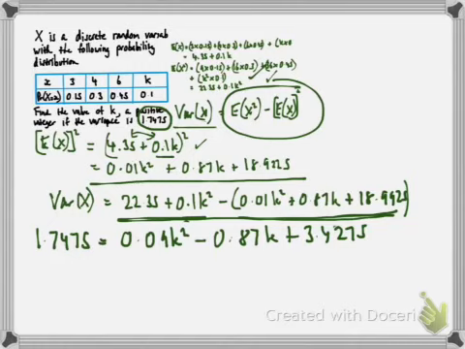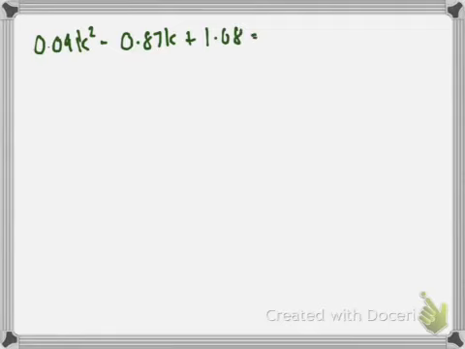It looks like a quadratic situation, so we need to get everything on the one side. If I go to the next slide, we're going to get 0.09k squared minus 0.87k plus 1.68 equals 0.